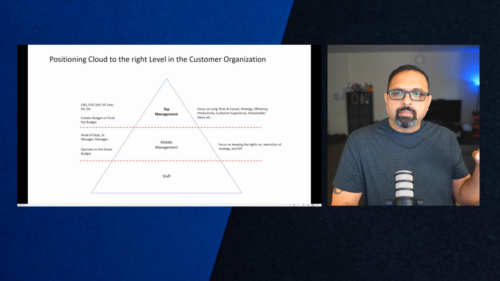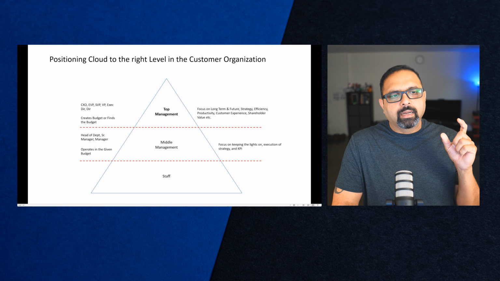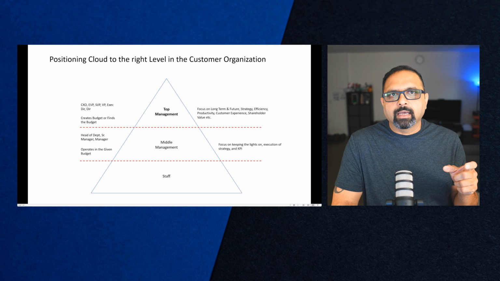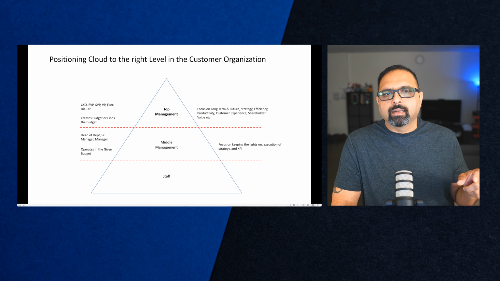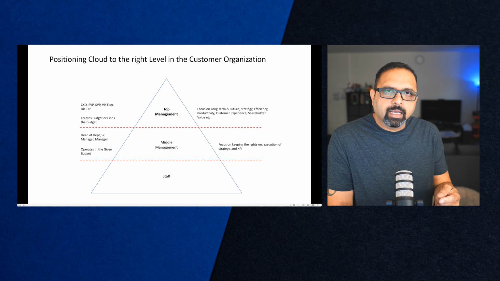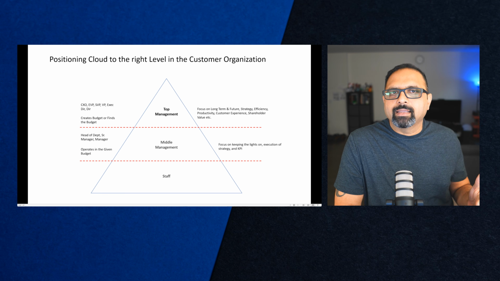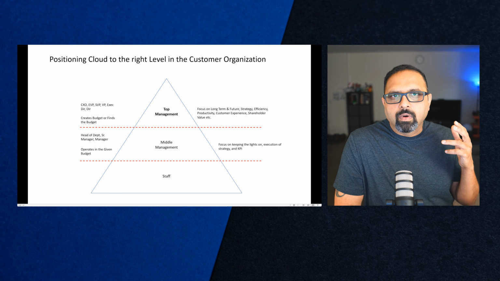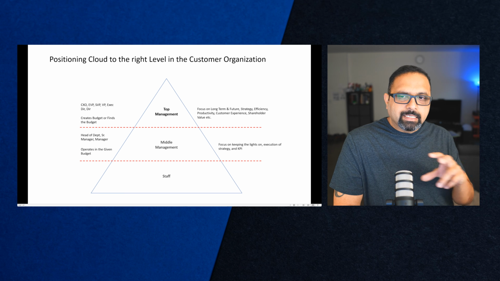Anything which goes beyond their budget, their strategy, their KPIs, they cannot make a decision, and they'll keep going around and around. Generally, they are the ones who will try to shine in front of the top management by bringing up a solution, but it just doesn't fly when you want to close the deal in a specific timeline. That's the challenge with middle management.